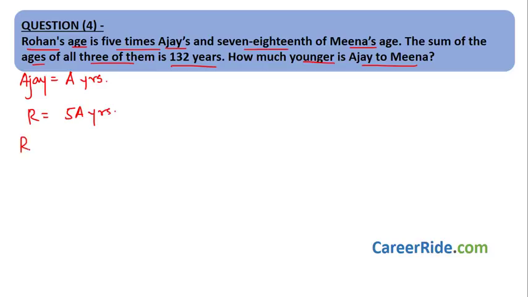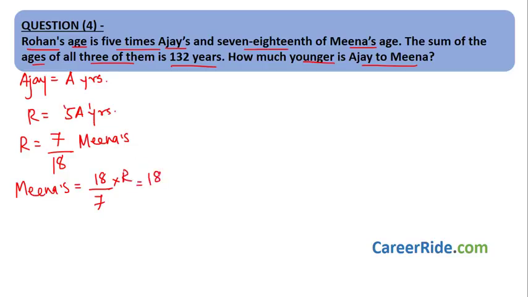Now, Rohan's age is also 7 by 18 times Meena's age, right? So what is Meena's age? Meena's age is nothing but 18 by 7 times Rohan's age, but we already know Rohan's age as 5a years.